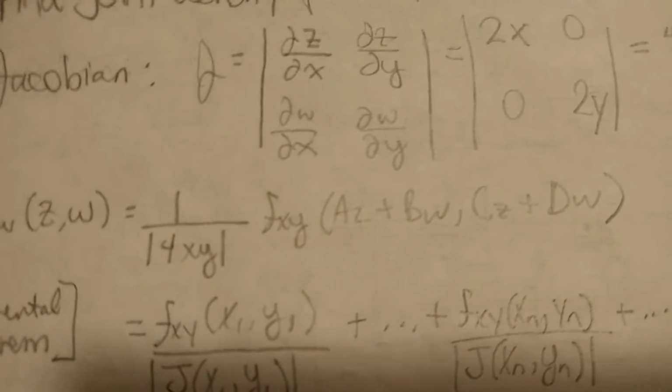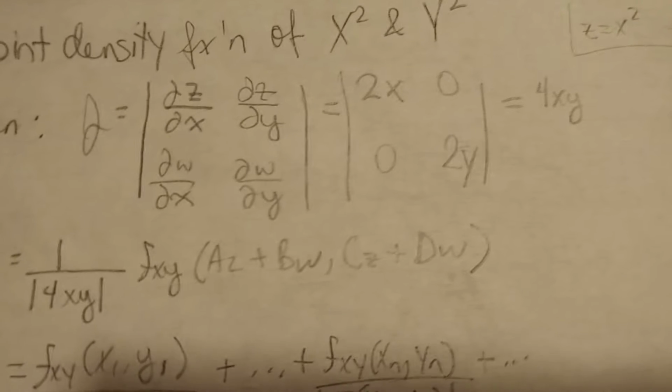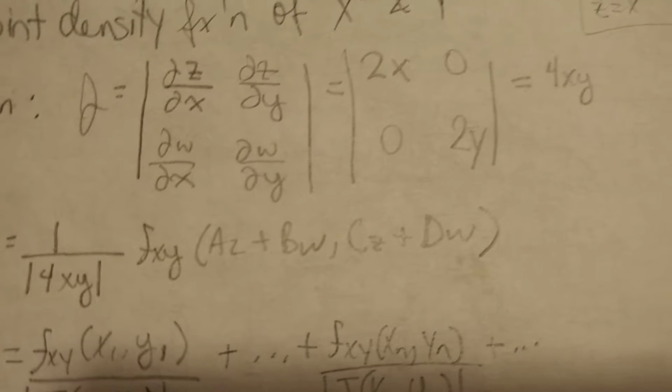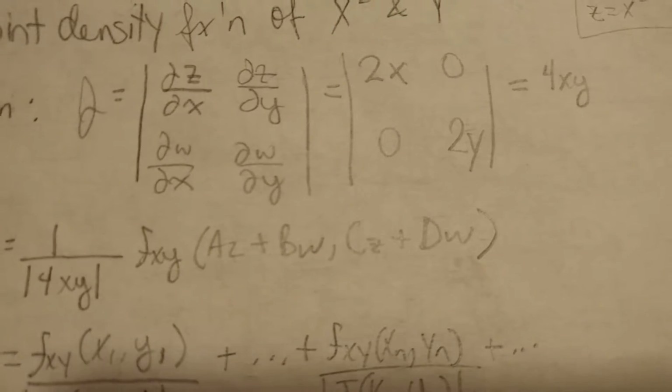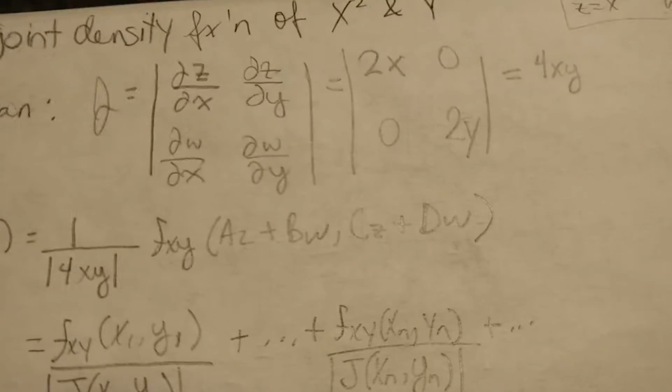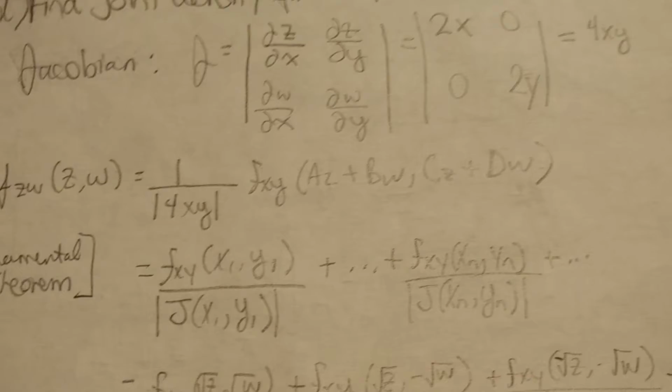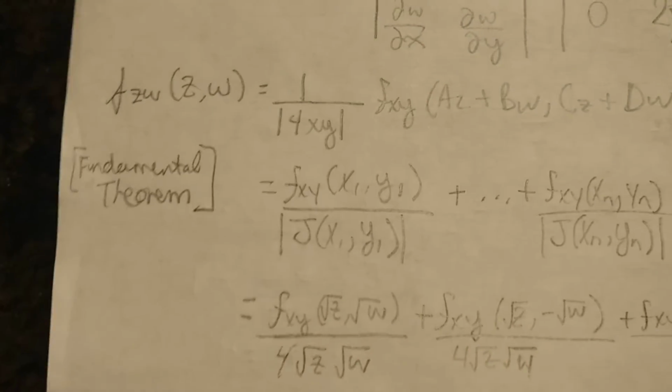So here we have the joint density function being equal to 1 over the Jacobian times f(x,y), where the x portion is az plus bw, and the y portion is cz plus dw. That comes from the fundamental theorem.